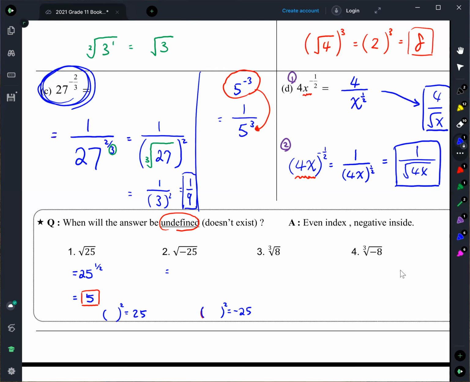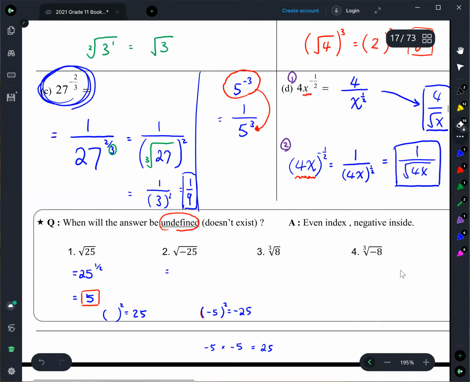Negative 5. Okay, if I put negative 5 into the bracket, negative 5 times itself again, what does that equal? Negative 5 times itself, so times negative 5 again. What happens when you take negative times negative? Positive. Yeah, it will give you positive 25, right? So what number times itself will work?